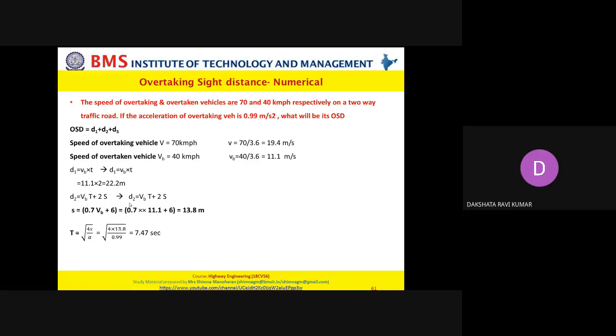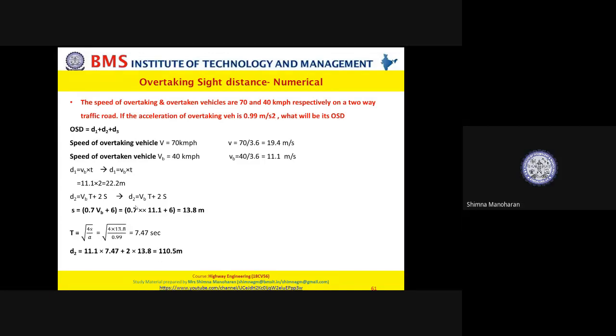Yes, good, Dakshita. Shantanu, did you get the value for D2? Yes, ma'am, 110.52. So you get D2 as 110.5.